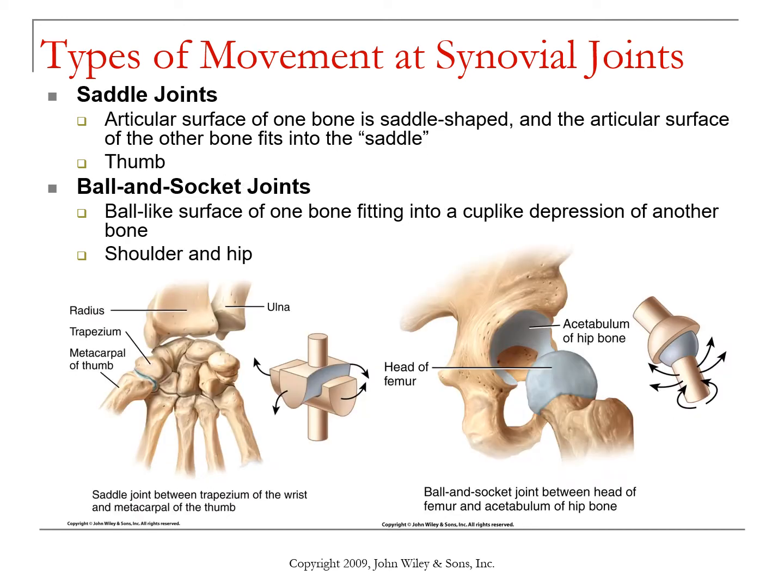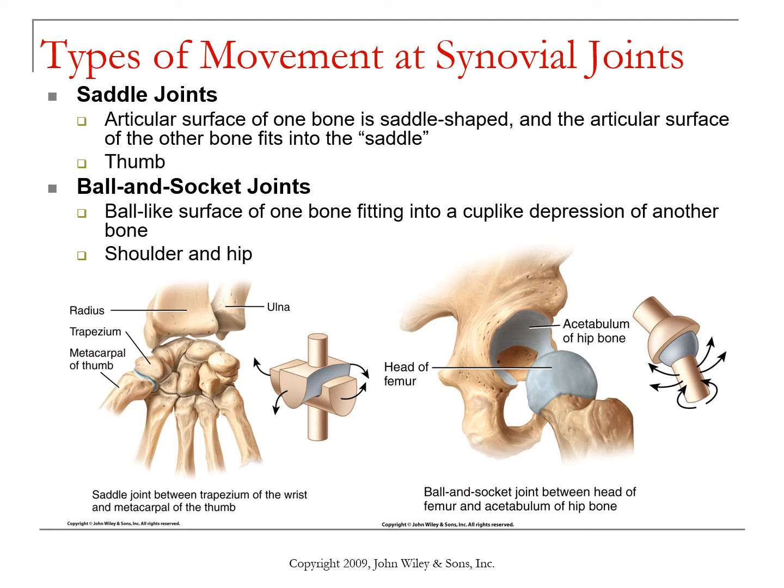As we mentioned on the previous slide, the joint between the trapezium carpal bone and the metacarpal of the thumb is a unique joint. It's called a saddle joint, and it's so named because the saddle shape of one bone fits the articulating surface of another bone as if a rider were sitting in a saddle and straddling it.